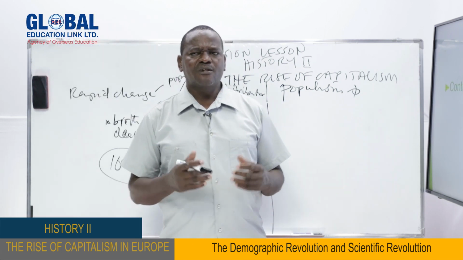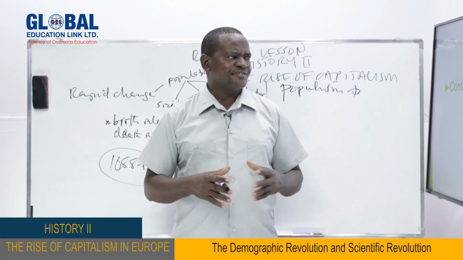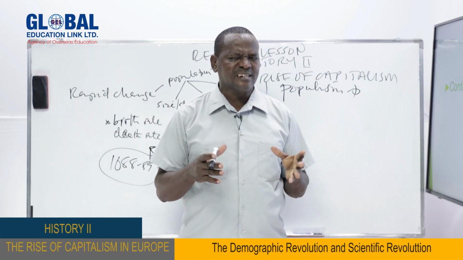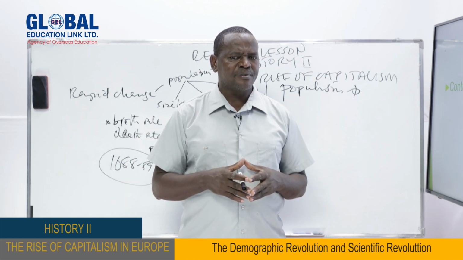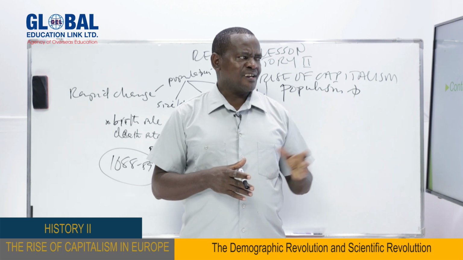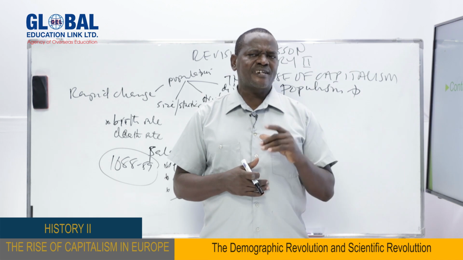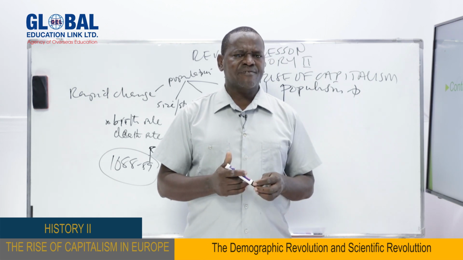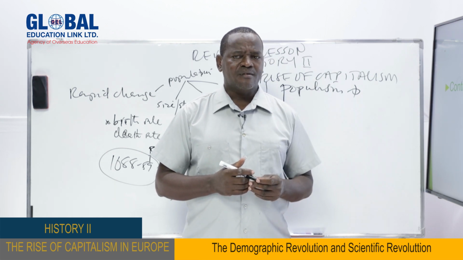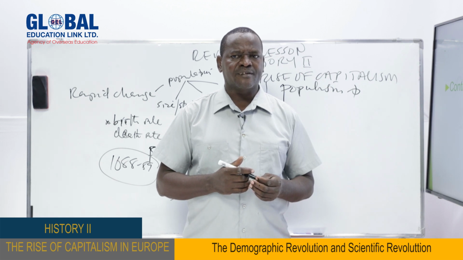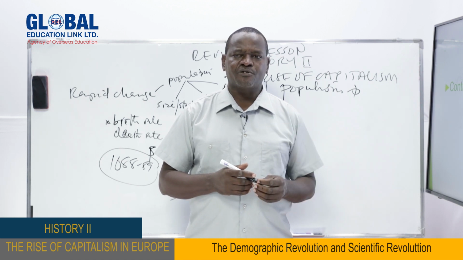My dear students, after looking at the factors for the increase in population, after looking at the factors for demographic revolution in Britain, one thing I want to insist on before we move on is that the points we have spoken about made reference to Britain, as I said earlier, because Britain was the first country to develop in these aspects we are discussing.